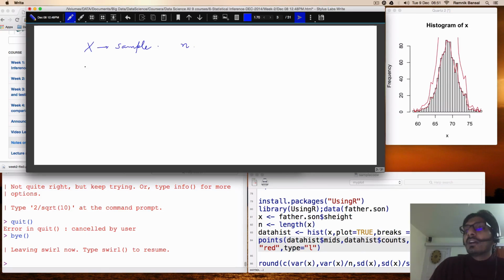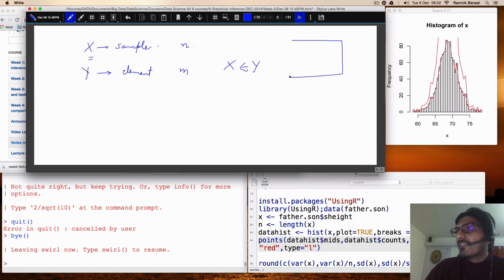Let's say this x is a sample of some population. Let's call it y. Now y has, let's say, a total of m elements, such that x belongs to y. So we have y, and somewhere there is x.